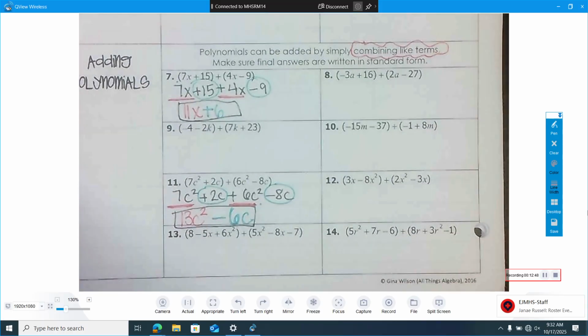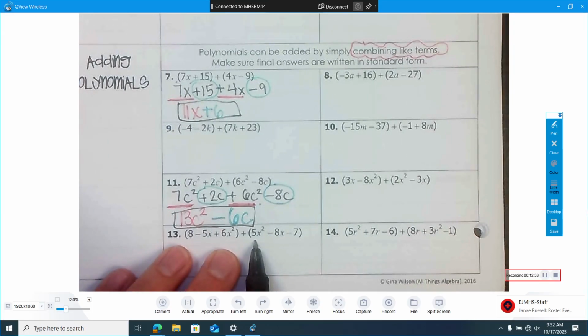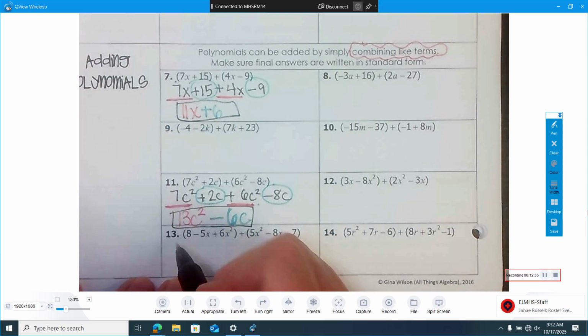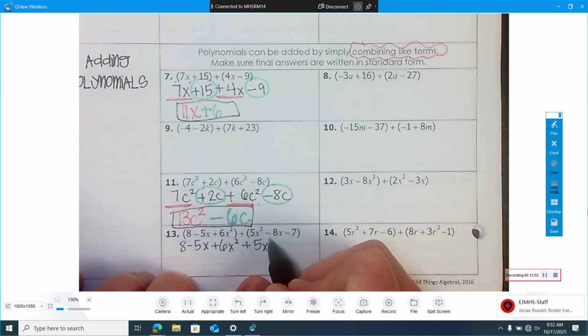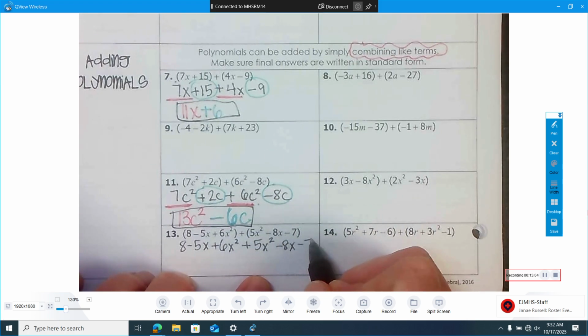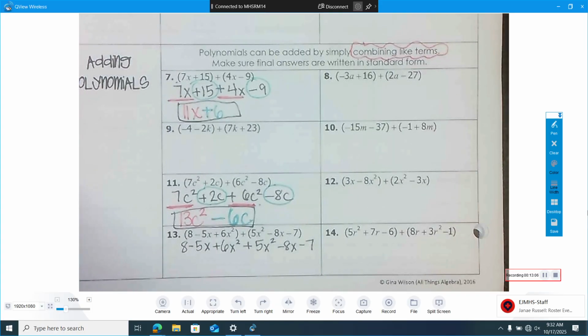All right. Let's look at number 13. Are my parentheses doing anything important here? No, they're not. We have 8 minus 5x plus 6x squared plus 5x squared minus 8x minus 7. I just need to find all the like terms.